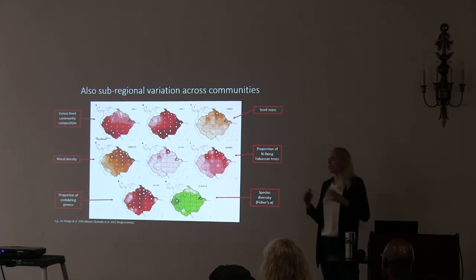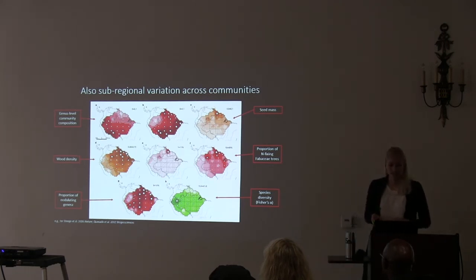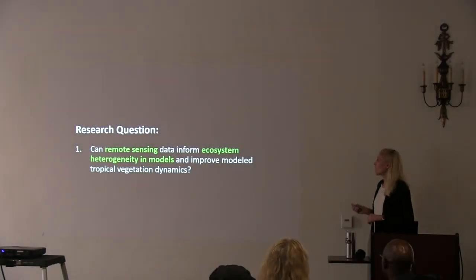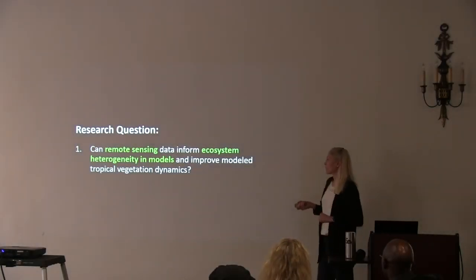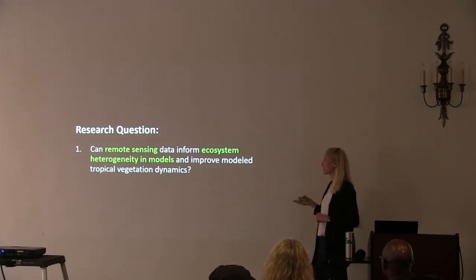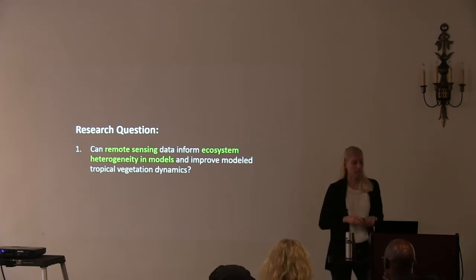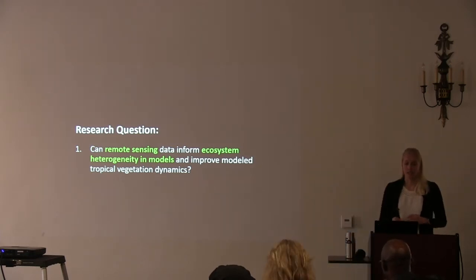So there's, again, just a huge amount of both regional as well as sub-regional variation that's very underrepresented in these models. So I'm interested in using remote sensing data to understand whether or not we can inform ecosystem heterogeneity in these models, and in doing so, improve our ability to model tropical vegetation dynamics.